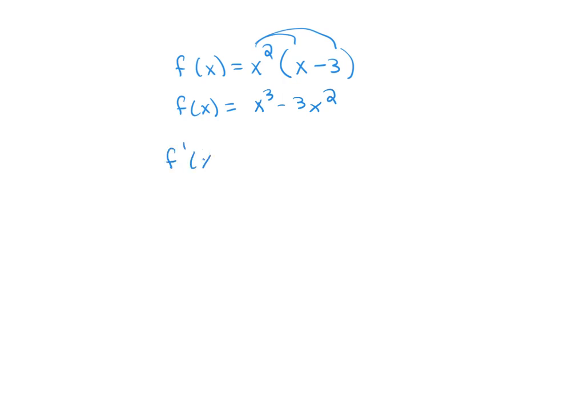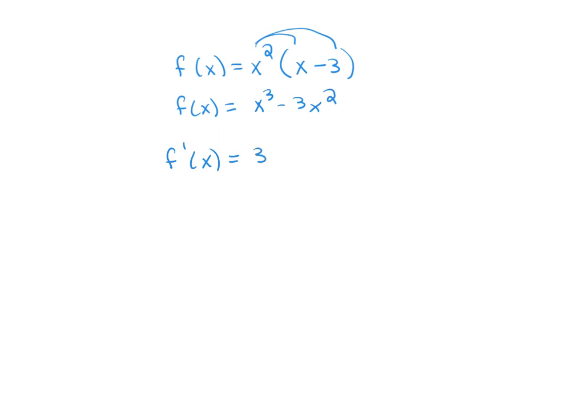Okay, so first one, if I have f of x equals x squared times x minus 3, and our goal is to find where are the critical points. So first thing I'm going to do is just, before I take derivative, let's just rewrite this. Instead of trying to do the product rule, we can just distribute this to x to the third minus 3x squared, and then we can do the power rule for the derivative.